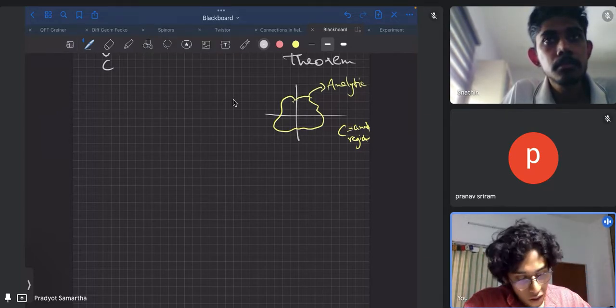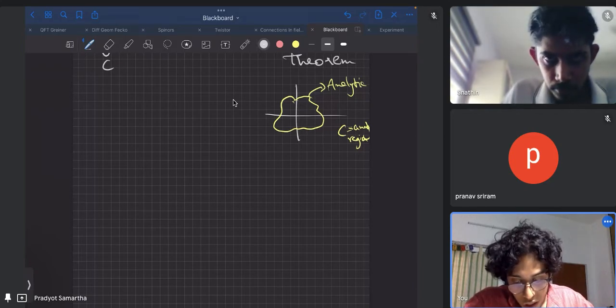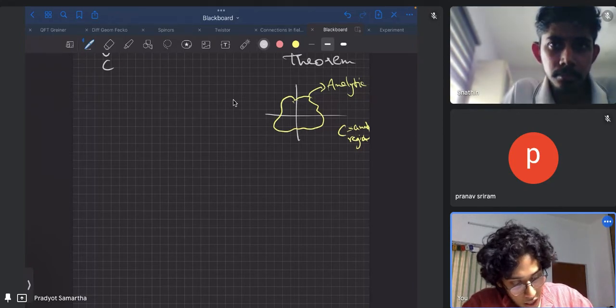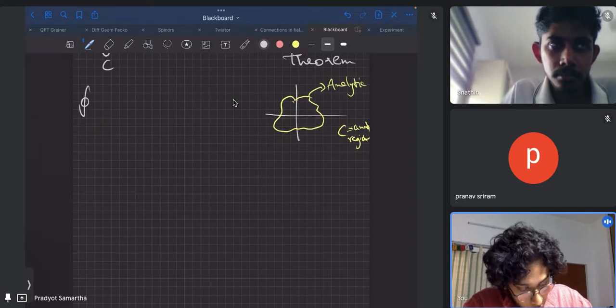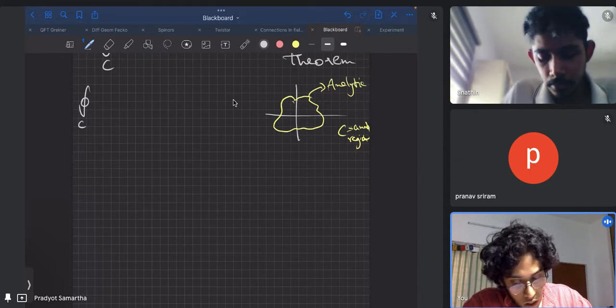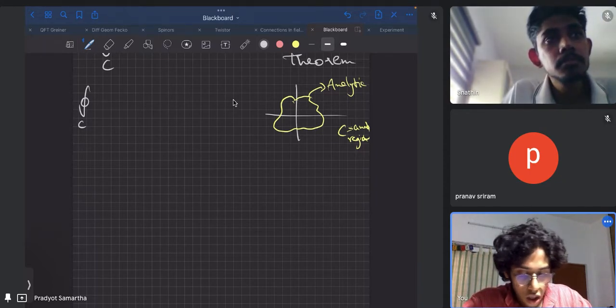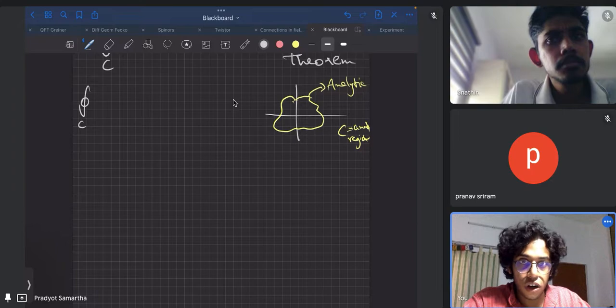So how do we go ahead with that? Just writing this down. We have the contour integral with respect to the contour C. It's a closed contour, a closed loop in the region xy, so it cannot be an open loop. That is another very specific condition. It must be a closed loop, right?